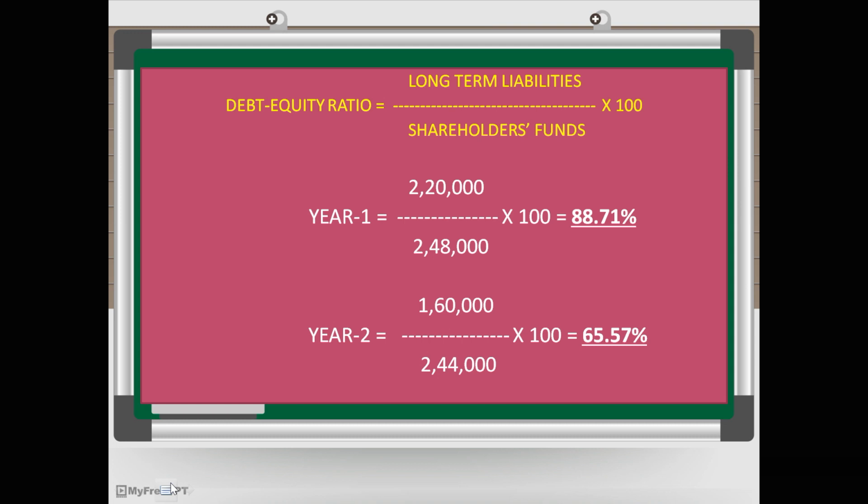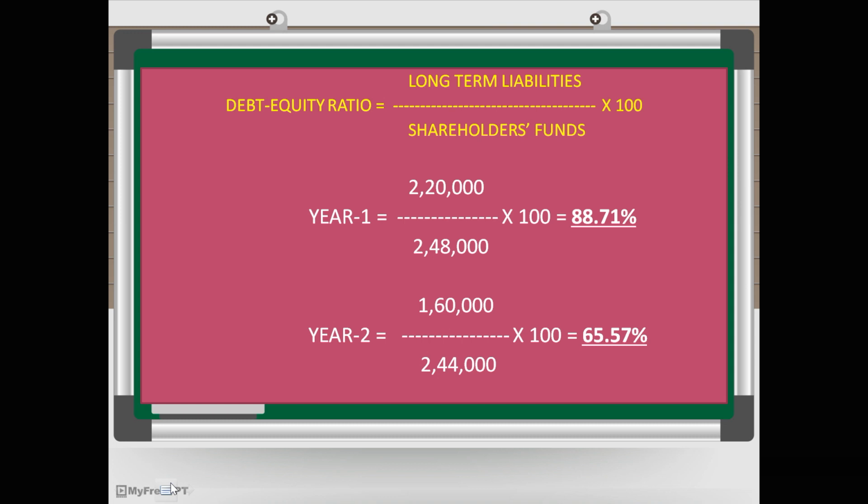That means for every 100 rupees of owned capital, we have approx 89 rupees of borrowed capital. Right? Against 100 rupees of owned capital, we have raised 89 rupees as borrowing.